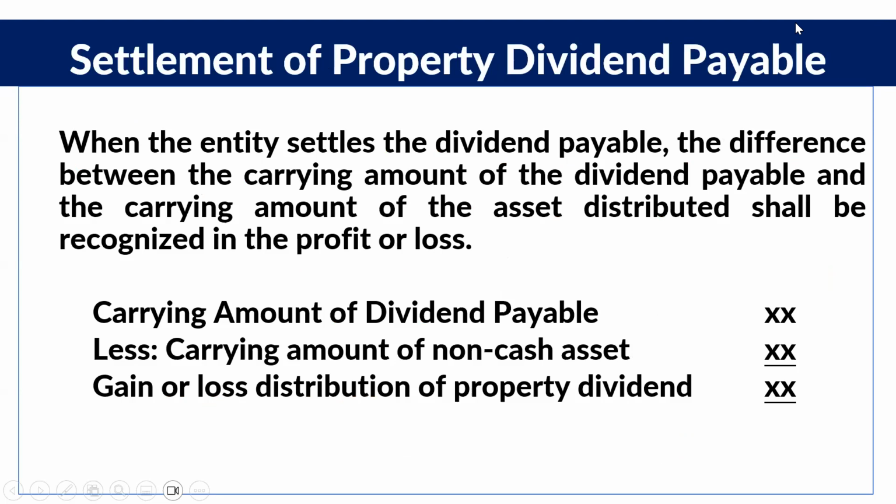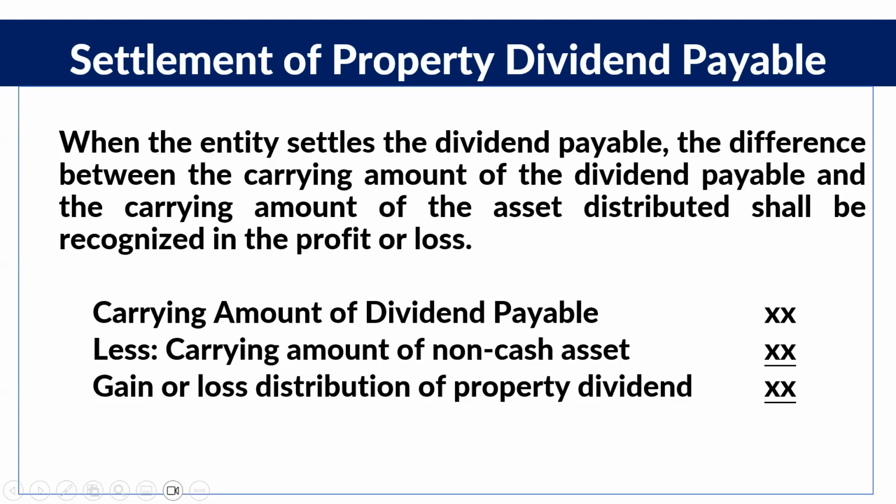And then, another settlement of property dividend payable, no? So, when the entity settles a dividend payable, the difference between the carrying amount of the dividend payable and the carrying amount of the asset distributed shall be recognized in the profit or loss. So, klaro naman siguro ito, no? It has something to do with disposing your asset, your non-cash asset, of which magre-recognize tayo ng gain or loss on distribution of property dividend.